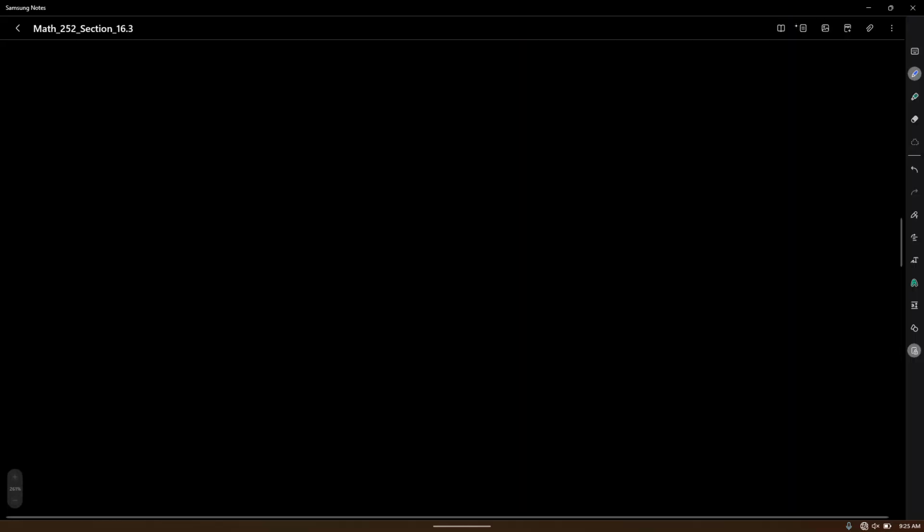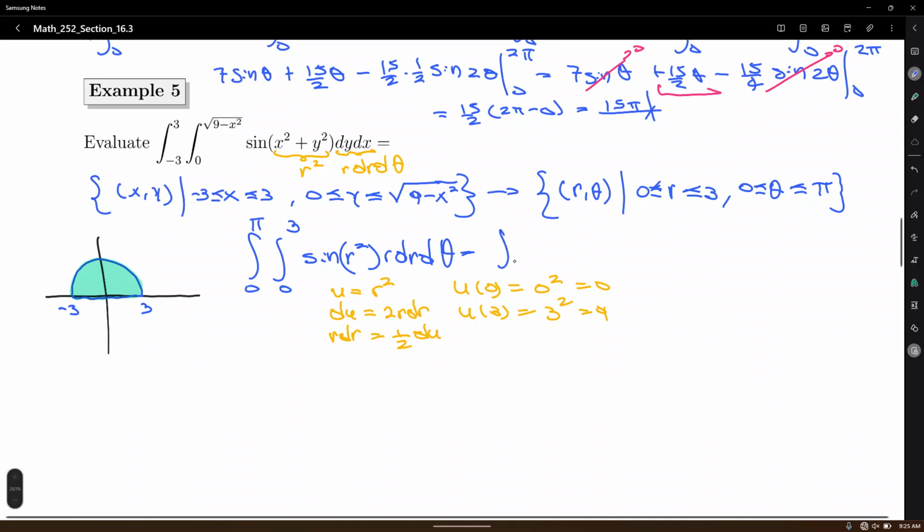So that is the integral from 0 to pi, and then the integral from 0 to 9 of sine u times 1/2 du d theta. The d theta is still just d theta because we're focusing on integrating with respect to r. So the d theta remains there.